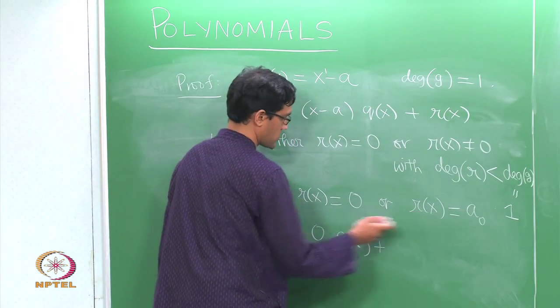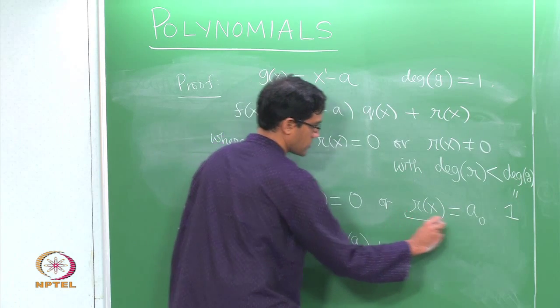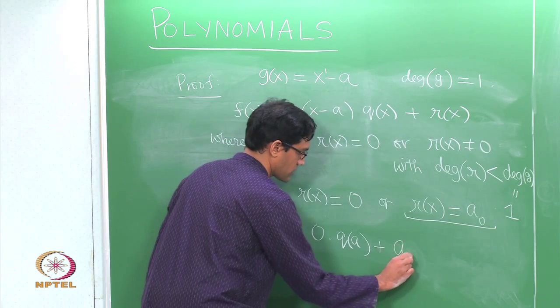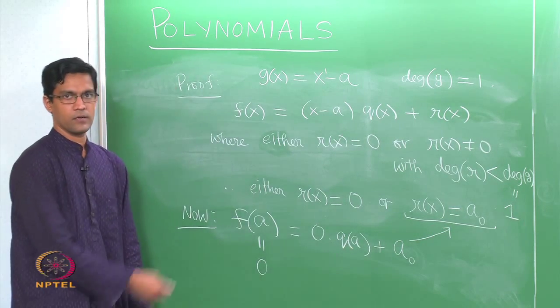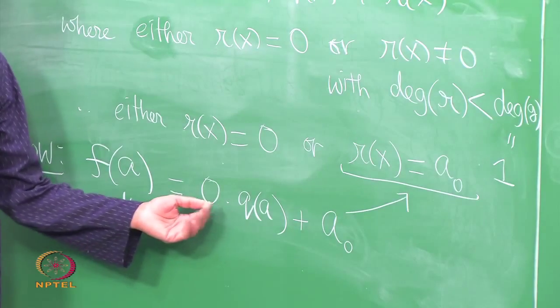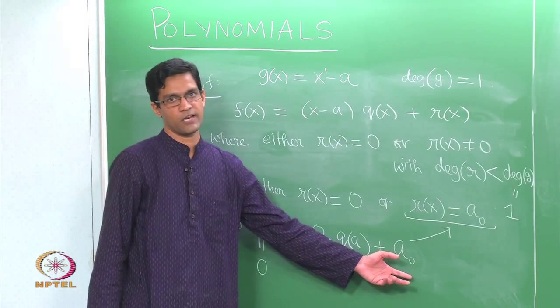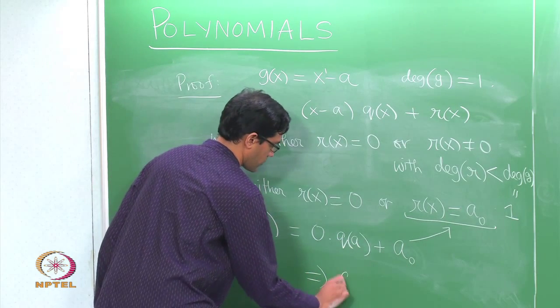Well, r is either 0 or a0, so let me take the second case. I claim that this case can't really appear, so plus this remainder a0. Now we just look at what both sides are. The left hand side is 0, the right hand side has a 0 in the first term plus an a0. So a0 had better be 0. So we conclude from here that a0 is actually 0.